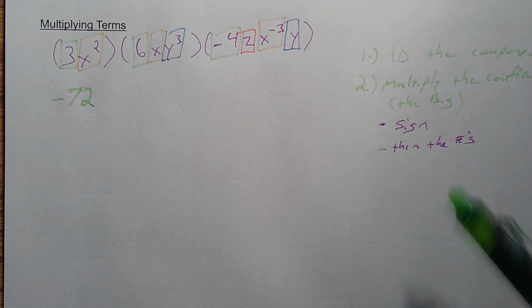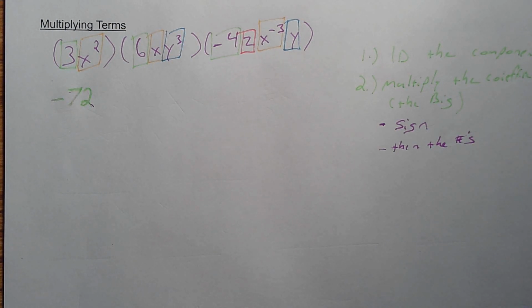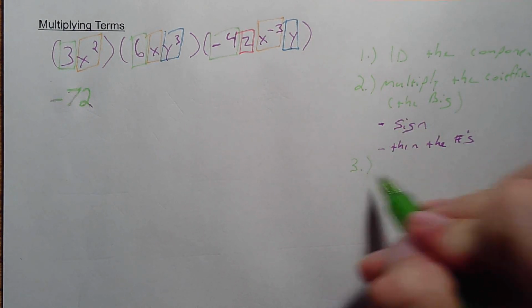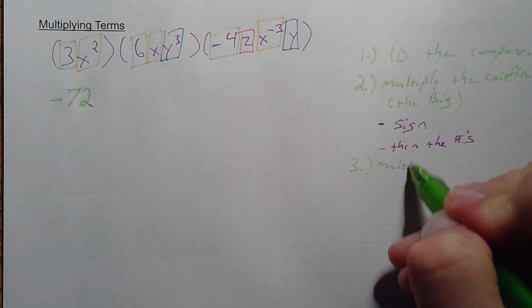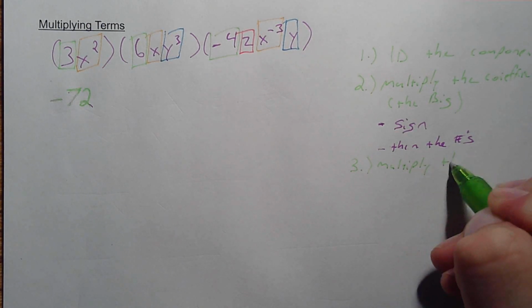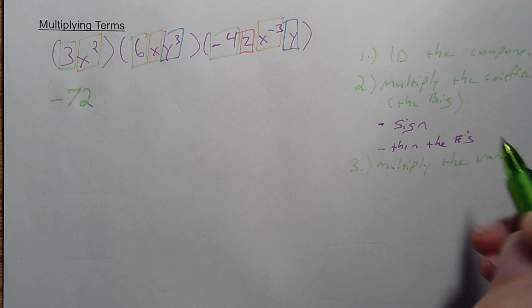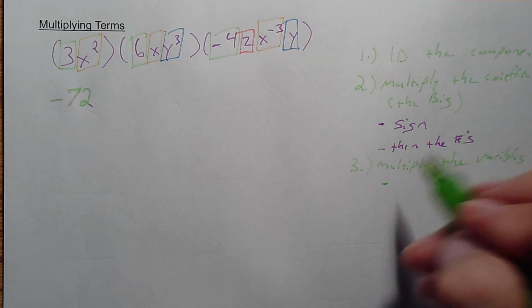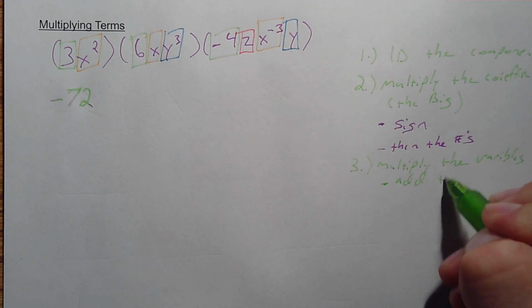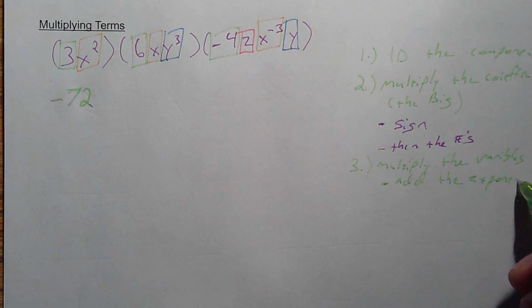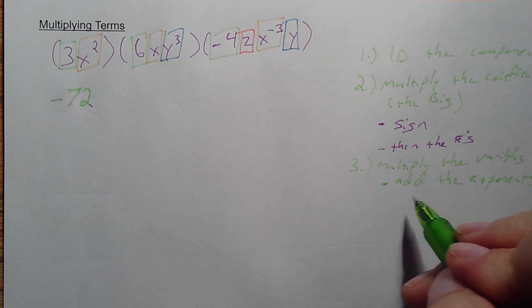Then we are going to multiply the variables. So when you multiply the variables, you have to add the exponents, right?